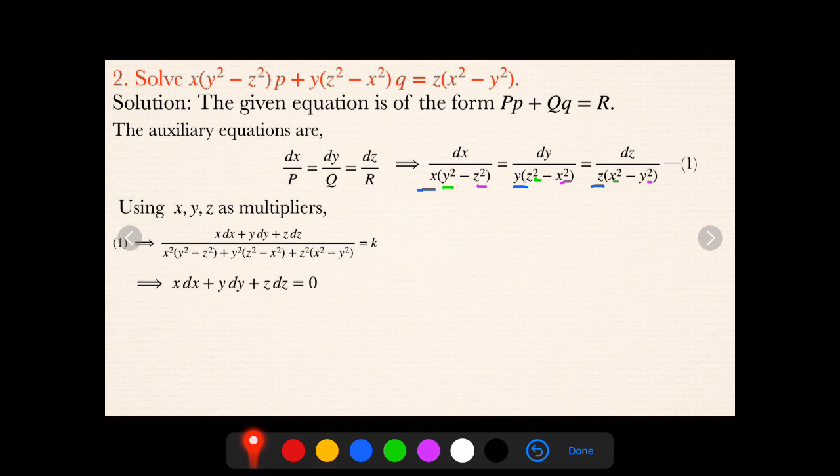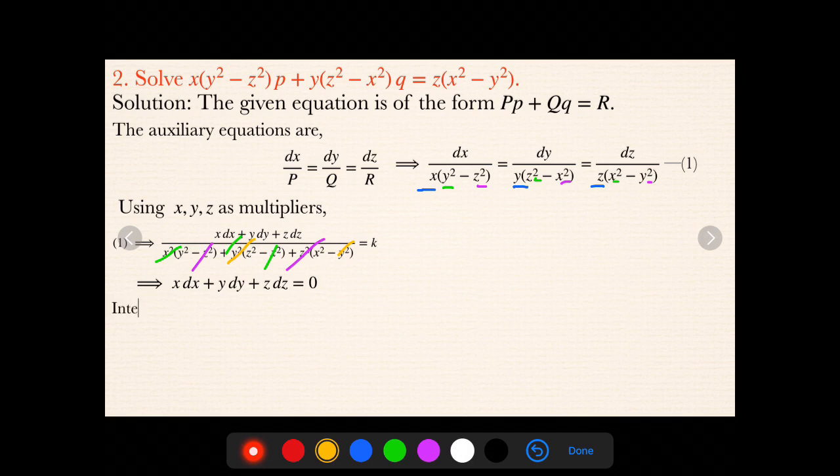If you observe carefully, x square y square cancels, then x square z square cancels, then y square z square and y square z square also cancel. So we will get x dx plus y dy plus z dz is equal to 0.